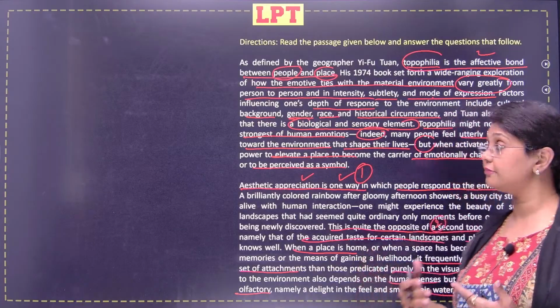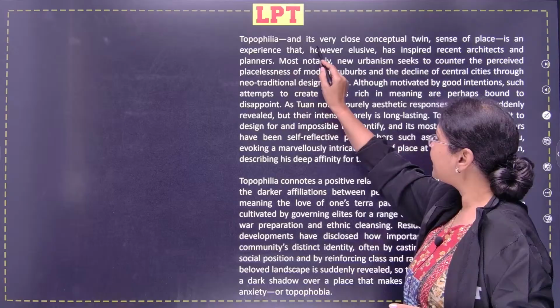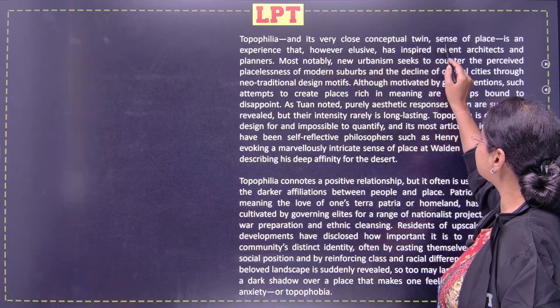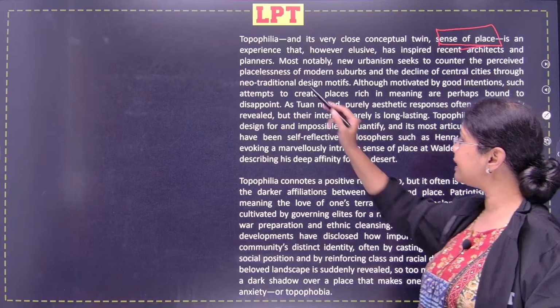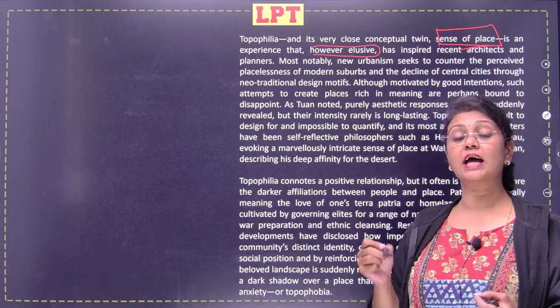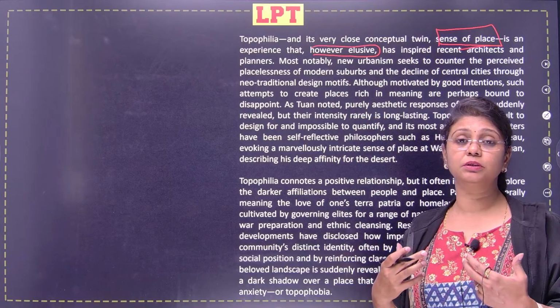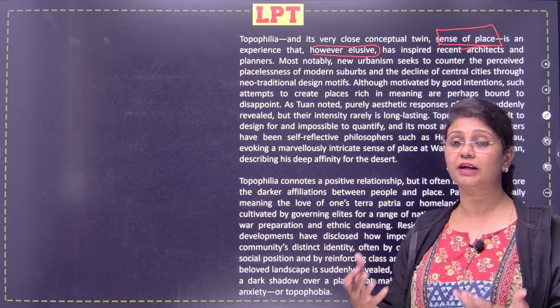Let us read further. Now it says topophilia and its very close conceptual term sense of place. So we have also talked about sense of place as an experience that is, however, elusive. So it is an experience that is taken by the author as elusive, something which is difficult to find, something which is difficult to understand.